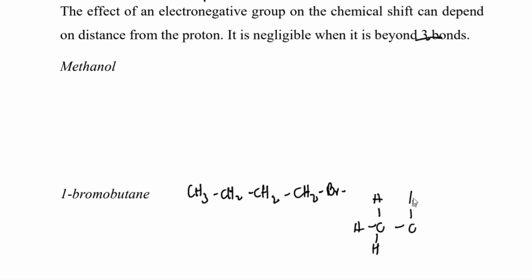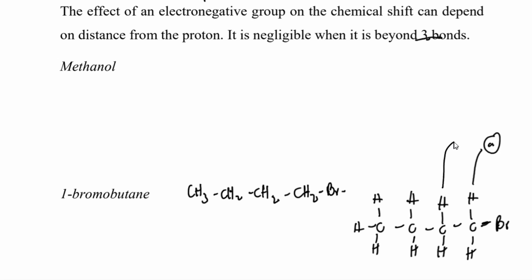We have this, we have this, we have this, and we have bromine here. So now looking at this, how many magnetic environments do we have? This is 1, we call it A. This is 2, we call it B. We call this C, and we'll call this D. So we have 4 magnetic environments. All of them are different from each other.